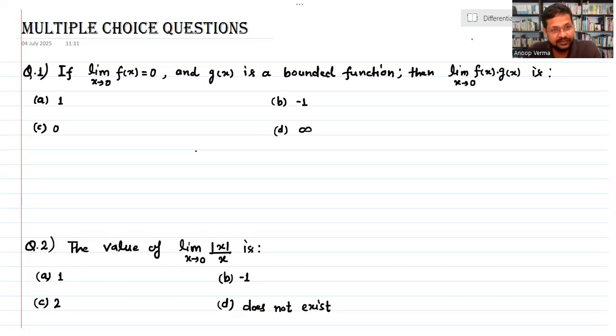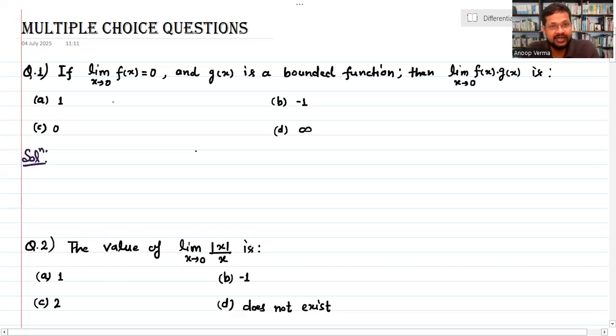Question number one. If limit x tending to zero, f(x) is equal to zero, it means the limit of the function f(x) is zero when x is tending to zero, and g(x) is a bounded function. Then what will be the limit of this function?